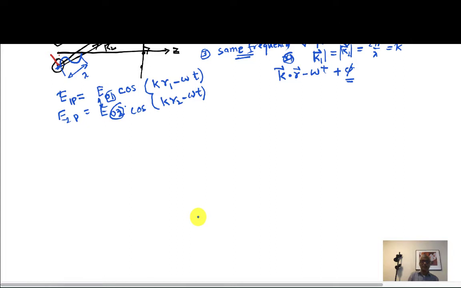What we have now is at P I have two waves coming, and so you're going to have the sum of the two. At P there's going to be only one electric field, which is all the waves added. If I have more than two, I'll add them all, right? So I just have two of them. Then you're going to get this, right?